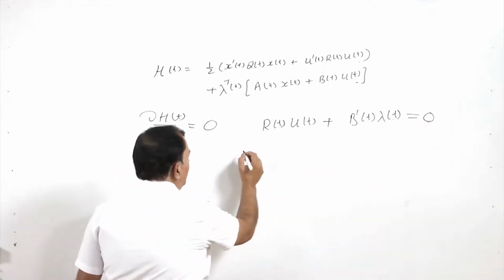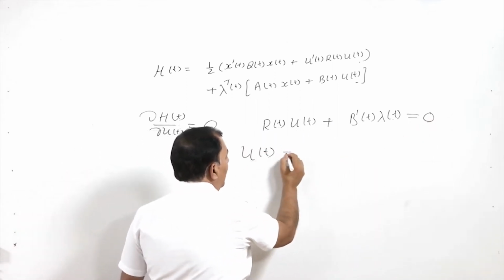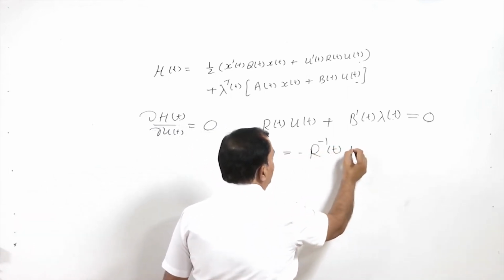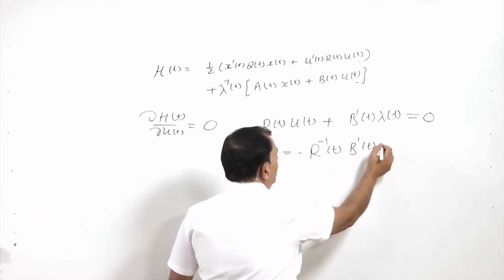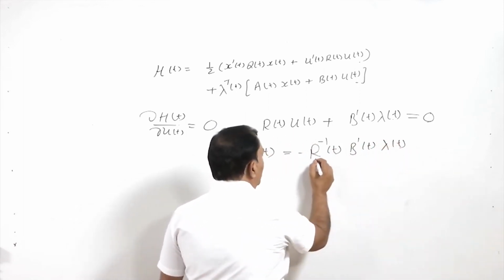So, if I have to find out u(t), I need R to be inverted: R inverse(t) B transpose(t) lambda(t).